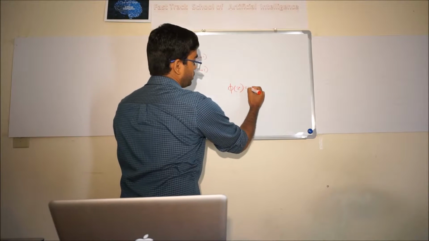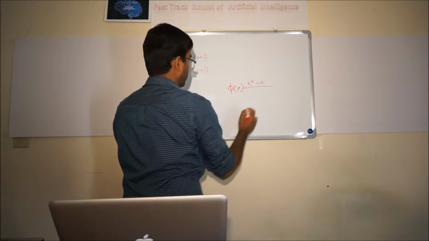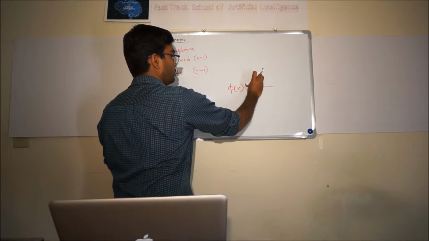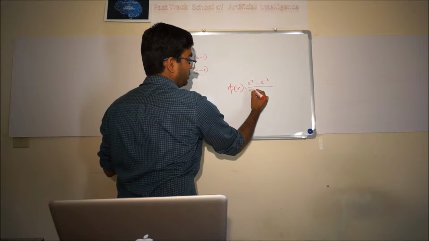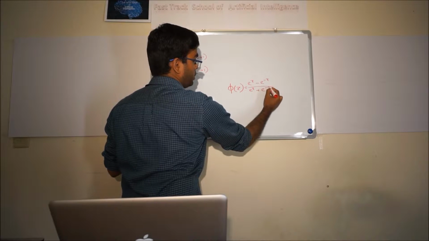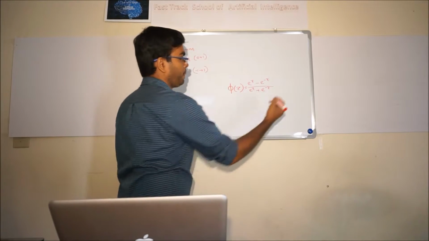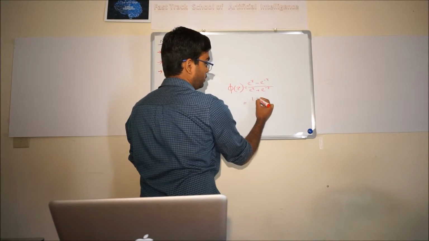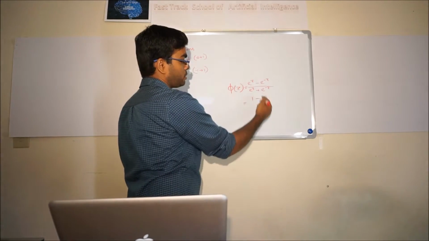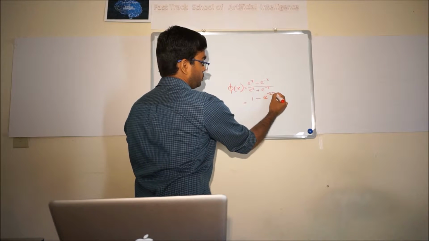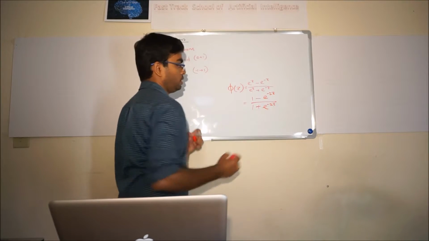So the equation for this is e to the power z minus e to the power negative z, divided by e to the power z plus e to the power negative z. This is a simplified equation, and it is the same as what you will see in some places, which is a slightly different form: 1 minus e to the power minus 2z over 1 plus e to the power minus 2z.